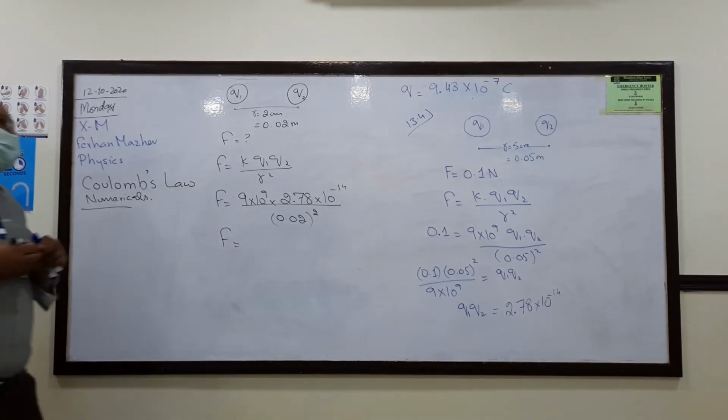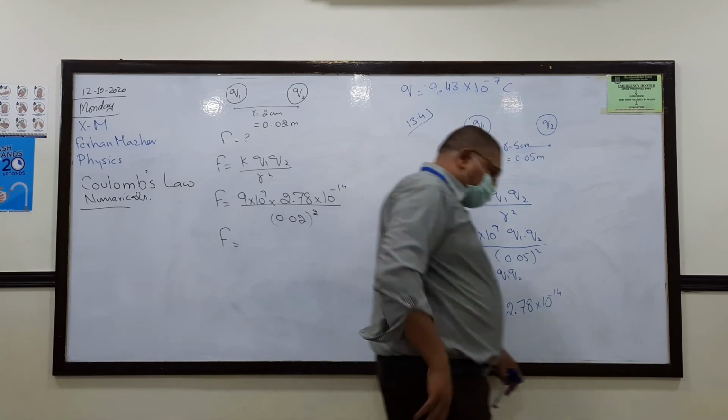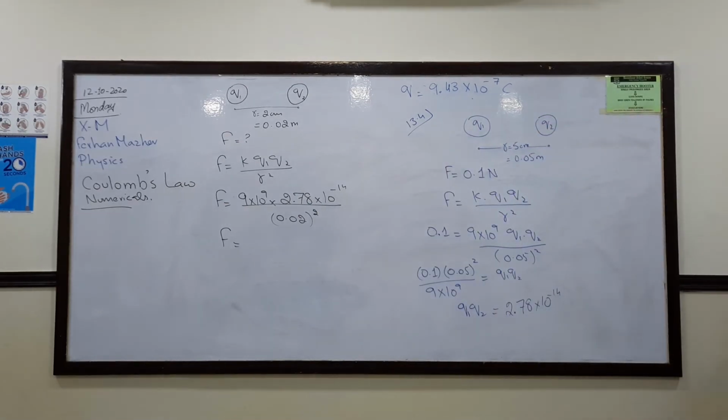You have a calculator with you, so whatever I am saying, do it. Write on your calculator: 9 expo 9 multiply 2.78 expo minus 14 divide 0.02 square equals to.